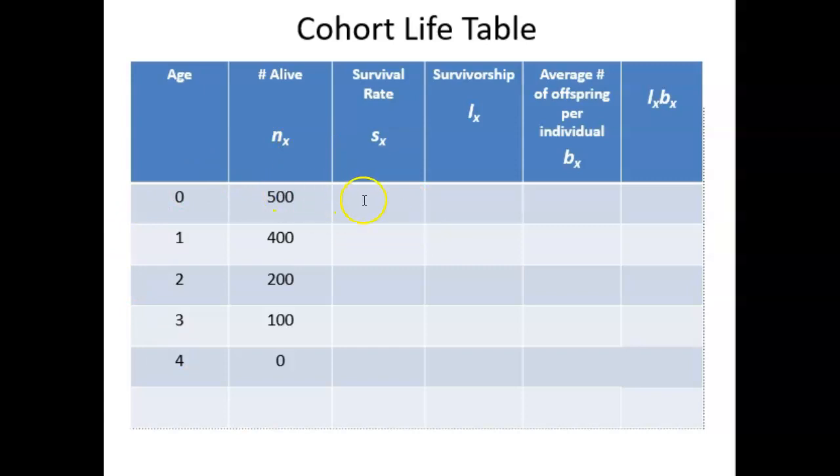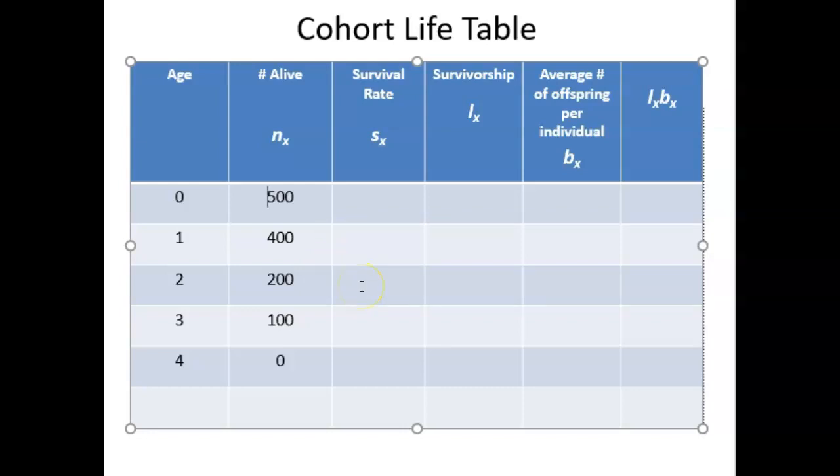All right, so for example, for this age 0 month, we start out with 500 individuals, and at the beginning of 1 month, 400 individuals are still alive. So 400 out of 500, there's an 80% survival rate. If we look at the next time period, we start out with 400, we end up with 200, so there's only a 50% survival rate.